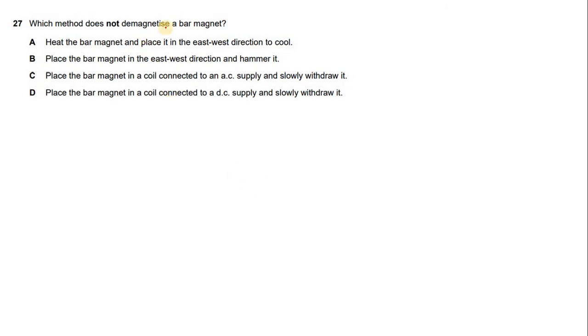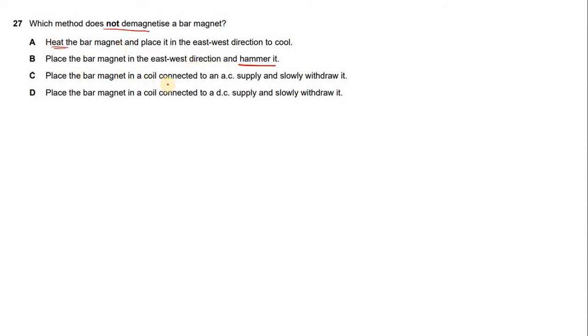So the option is C, because both are solid materials. Which method does not demagnetize a bar magnet? Heat the bar magnet and place it east and west. Yes, it will demagnetize, so this is correct. We need to find which does not demagnetize. Place the bar and hammer it. So hammering and heating cause demagnetization.